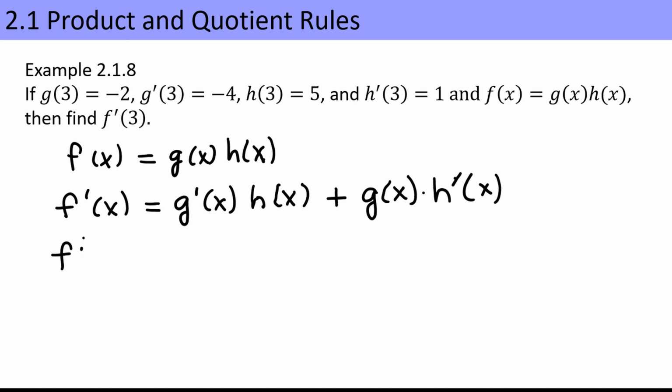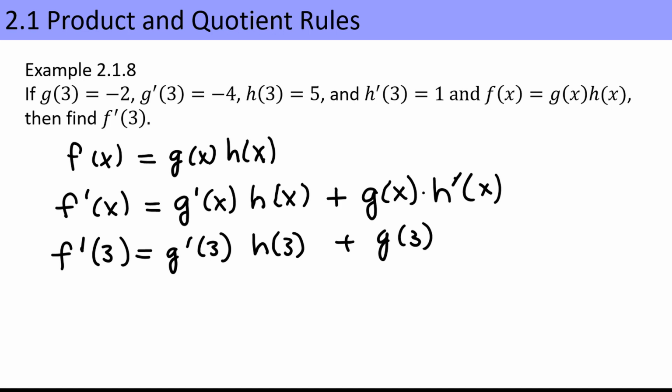Now we need to evaluate the derivative at 3. So we're going to have g prime of 3 times h of 3 plus g of 3 times h prime of 3. Now we can substitute values. We want to find the derivative of f at 3. G prime of 3, we are given, is negative 4.